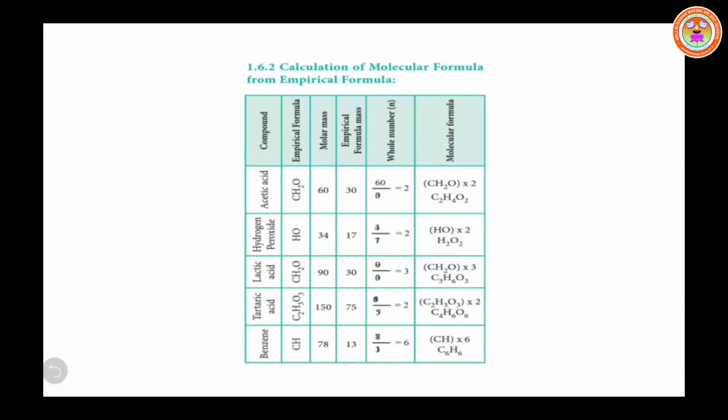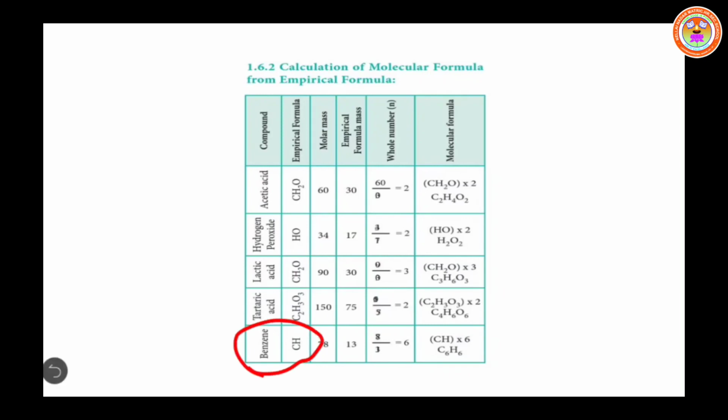Therefore N is equal to 150, molar mass, divided by calculated empirical formula mass, that is 75. So 150 by 75 is equal to 2. Here N value is 2. Therefore the molecular formula of tartaric acid is empirical formula C2H3O3 into N value 2. Therefore, molecular formula is C4H6O6.